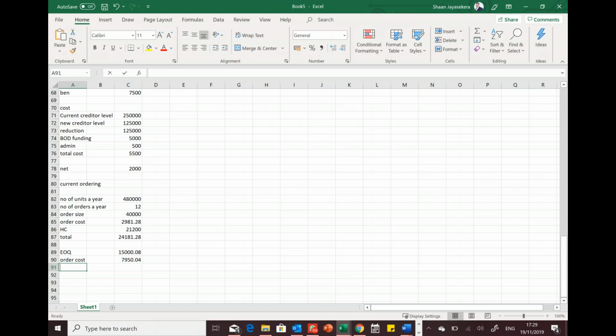Your holding cost should be logically equal to that divided by 2, and each of these is going to cost you 1.06 to hold. So you can see it is equal. So your answer is correct, which means the total should be logically equal to that plus that, which means it's that.